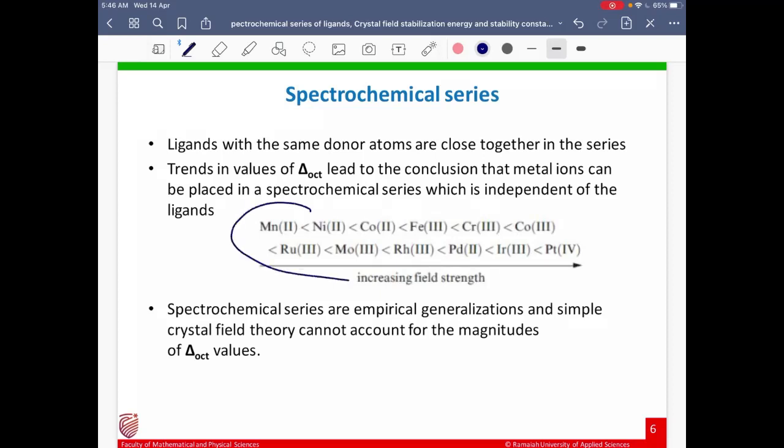So here, the metal ions are arranged as a spectrochemical series. Spectrochemical series are empirical generalizations, and simple crystal field theory cannot account for the magnitudes of delta octahedral values.